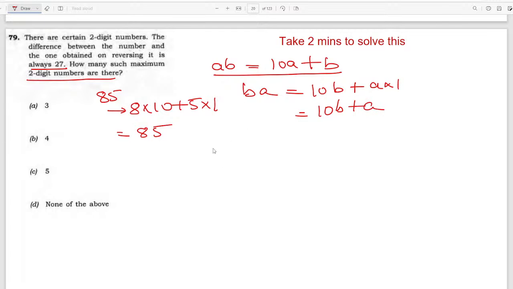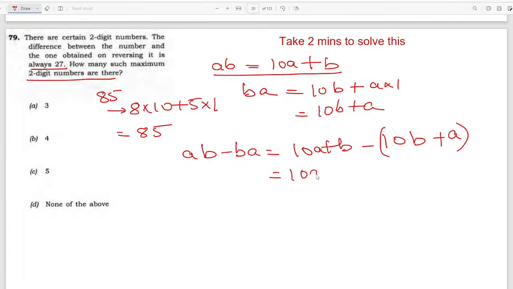When you subtract, AB minus BA, this would be 10A plus B minus 10B minus A. If I open the brackets, this would be 10A plus B minus 10B minus A. 10A minus A is 9A, minus 9B.